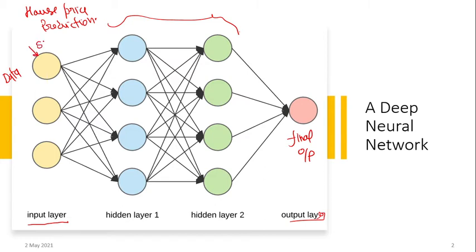One is the size of the house, the second is the location, and the third one is the number of BHK. These three inputs we have given. Now here we want the cost of this house, or you can say the price of the house.